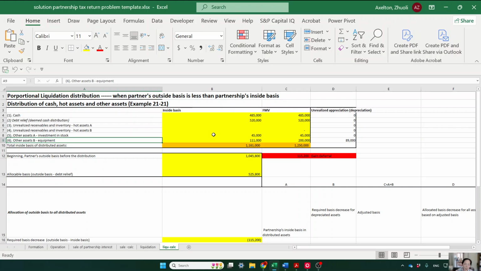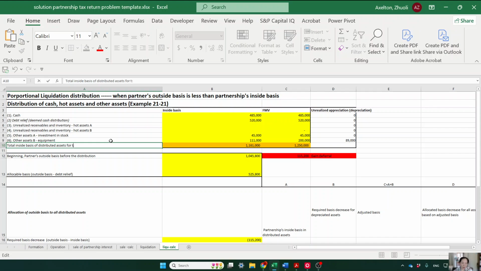But when there is a partnership liquidation, the partnership has to distribute cash and all the assets, plus you have to consider the debt relief, because through the liquidation, the partner also got rid of his liability on the debt for the partnership. Therefore, the 520,000 also needs to be included for the assets distributed. This is the inside basis for the distributed assets for the liquidation.